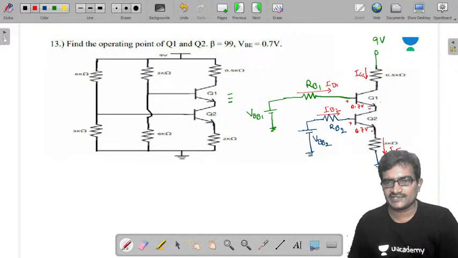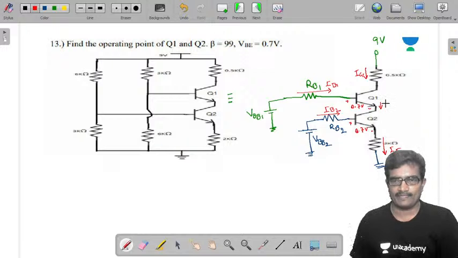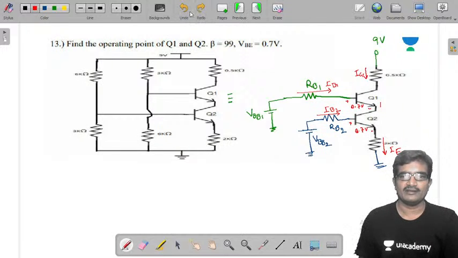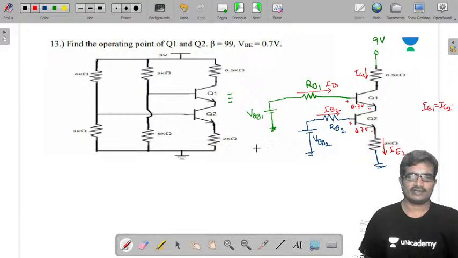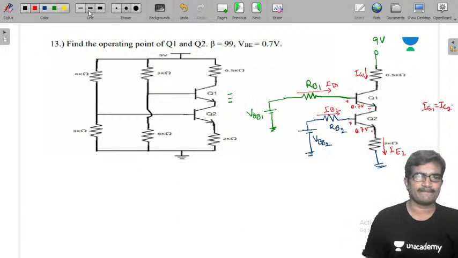With respect to this, it is going to be IE1, and the same thing is IC2. So here IC1, IE1 is equal to IC2. Now just calculate the values first.